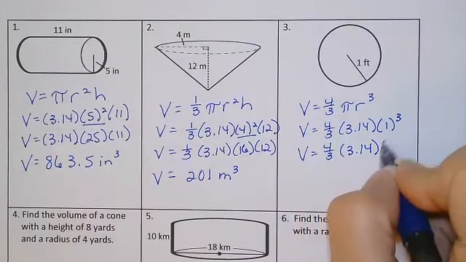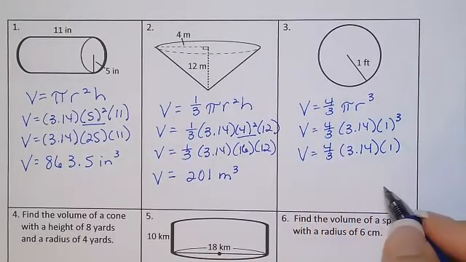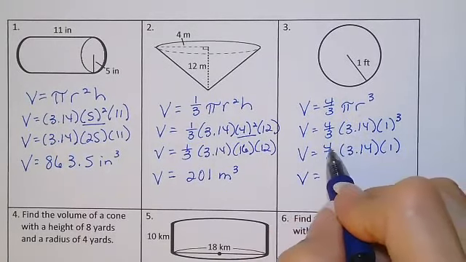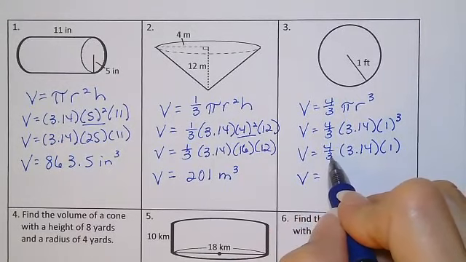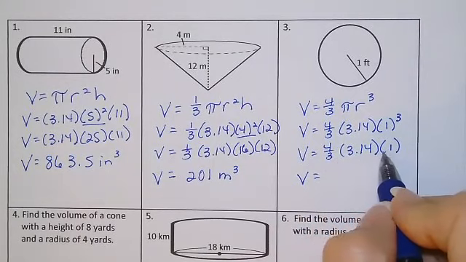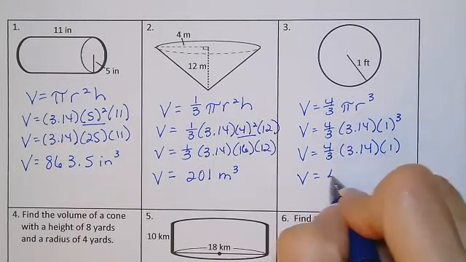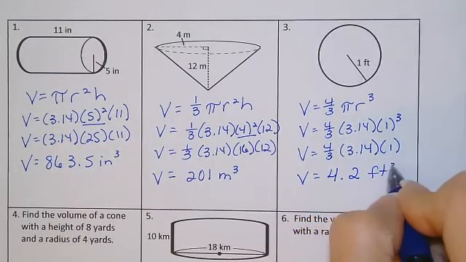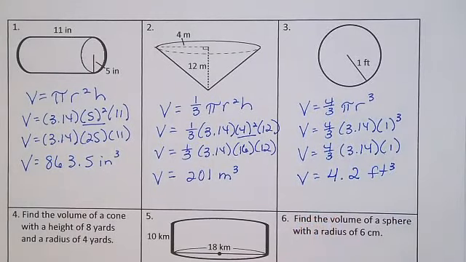Let's find 1 cubed, which is 1. And then 4 divided by 3 times 3.14 times 1 gives me a volume of 4.2 feet cubed.